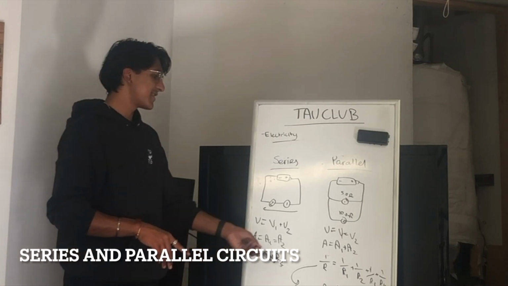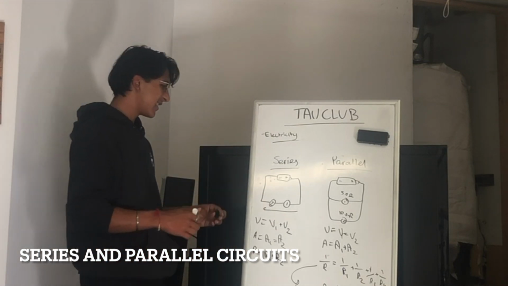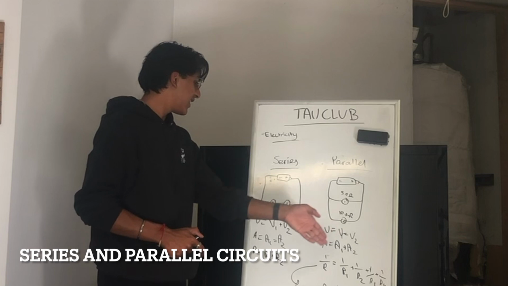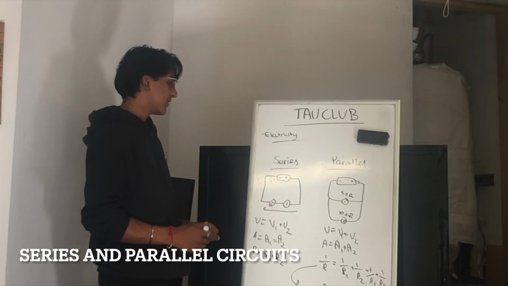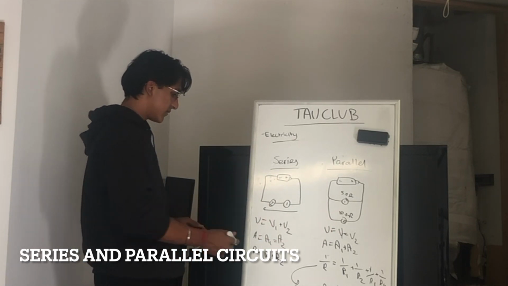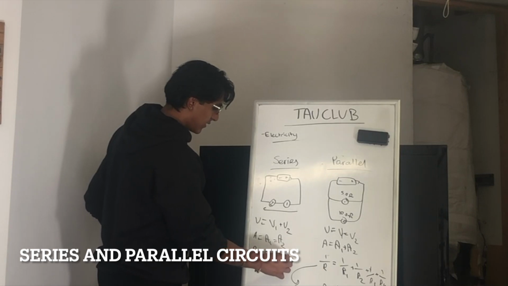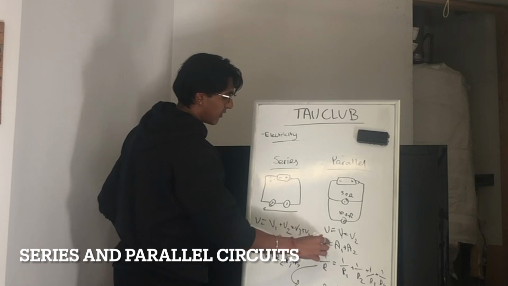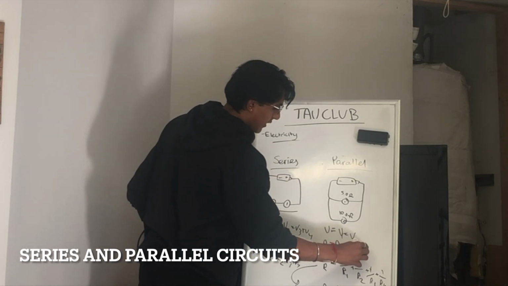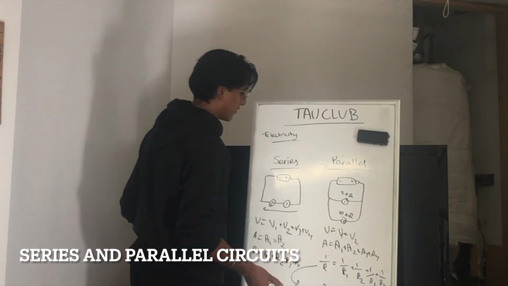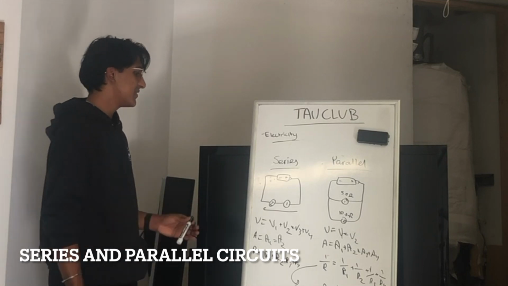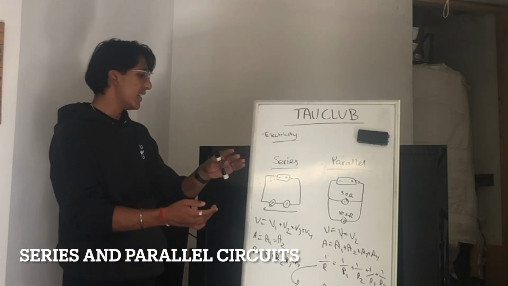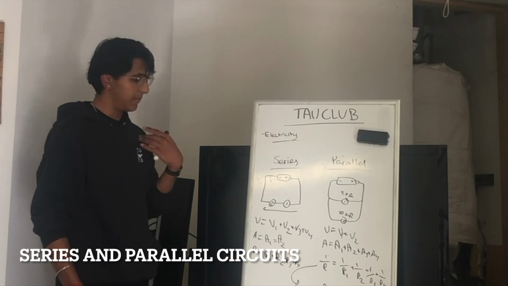No change. You just keep on adding to it. Same with any of these. What about the series? Just add. Plus R3, plus R4, plus V3, plus V4, plus A3, plus A4. Oh, okay. Just the total is just the sum of the components.